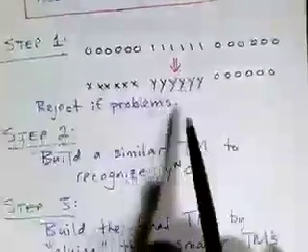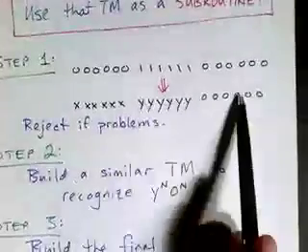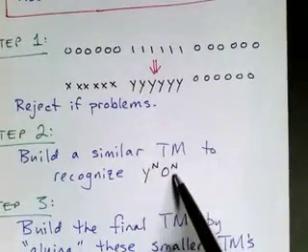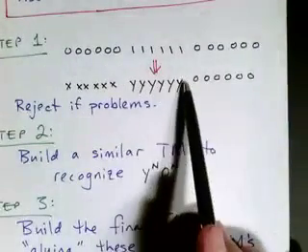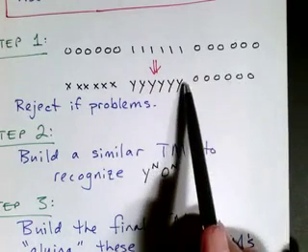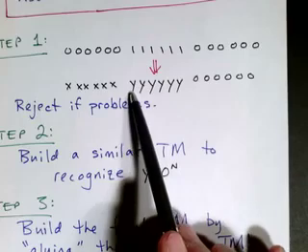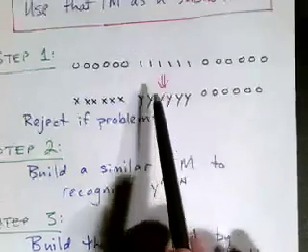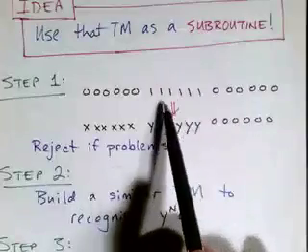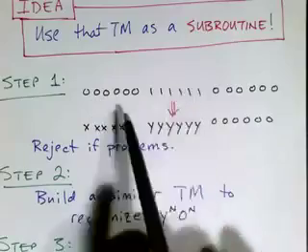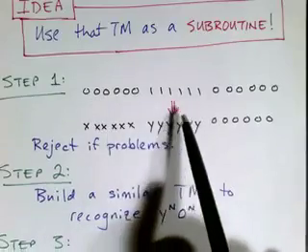So in step 2, we now have this string. What we're going to do is recognize y to the n, 0 to the n. It's a similar problem because we have y's here and we have zeros here. So we can position our head right there and then create a similar Turing machine, similar to the one that turned 0 to the n, 1 to the n into x to the n, y to the n.